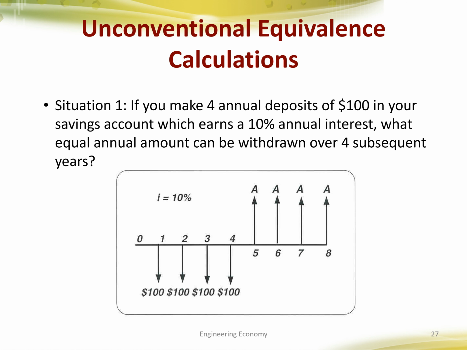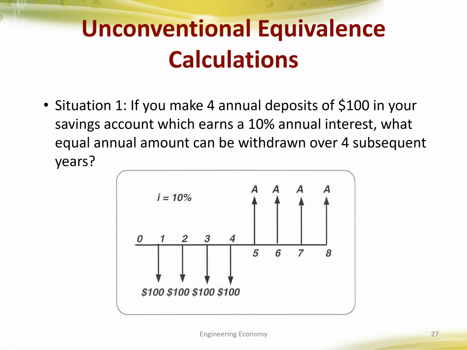With the earlier presentation on equal payment cases, we can try to tackle many different kinds of problems. Let's look at this example. We have a very unconventional equivalence calculation. Think of you having paid 4 annual deposits of 100 each, as you can see here.